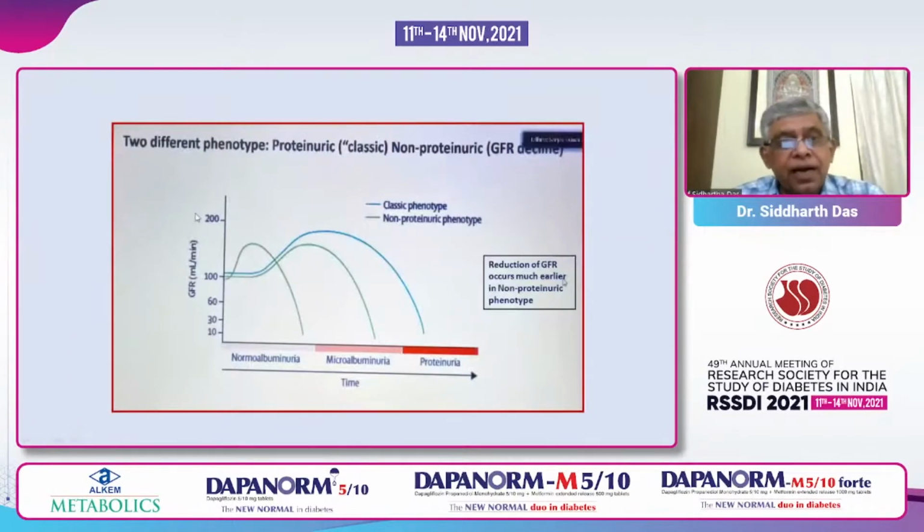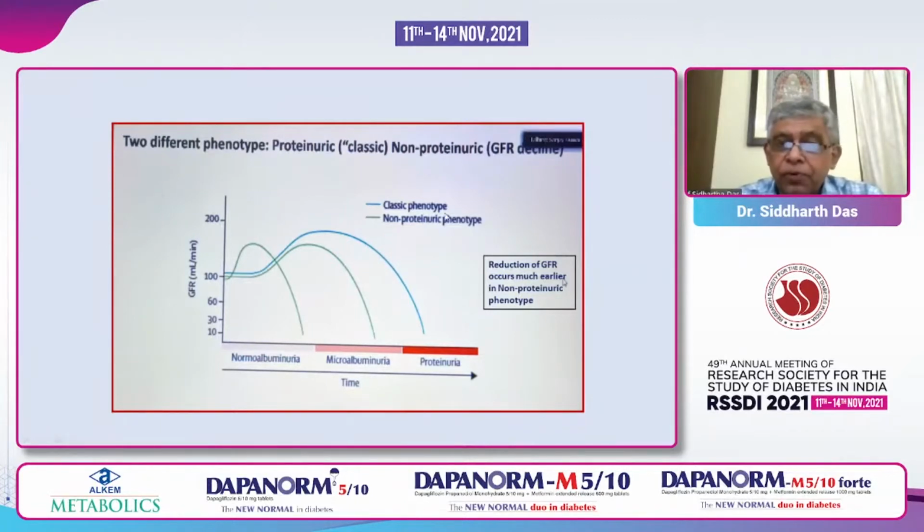That's a very important cartoon. Two different phenotypes, proteinuric and non-proteinuric. The blue is the classical proteinuric phenotype, and these two are the non-proteinuric phenotypes. If you look at the proteinuric phenotype of chronic kidney disease and diabetes, the GFR fall and proteinuria have a very long history. By the time it becomes frank proteinuria, the GFR also comes down, but at the middle stage, they may not be so proteinuric and the GFR is not low.